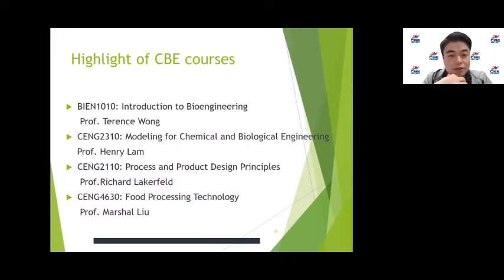So the intended learning outcome obviously is to make sure students do have a quantitative reasoning ability towards engineering and also real world problems. And at the same time, I also want to teach to a level that students can enjoy and share the fun in bioengineering in general. So my pedagogy is more about listening to students.